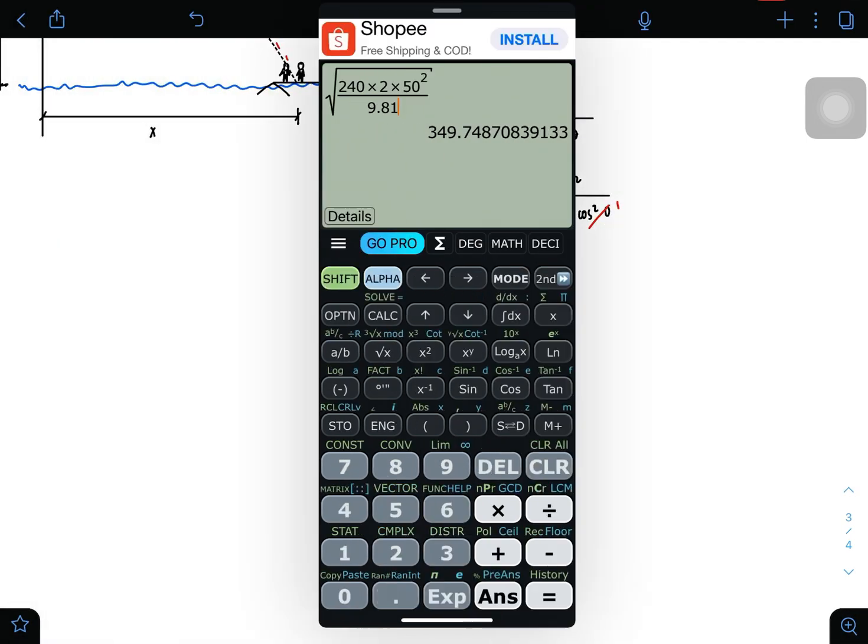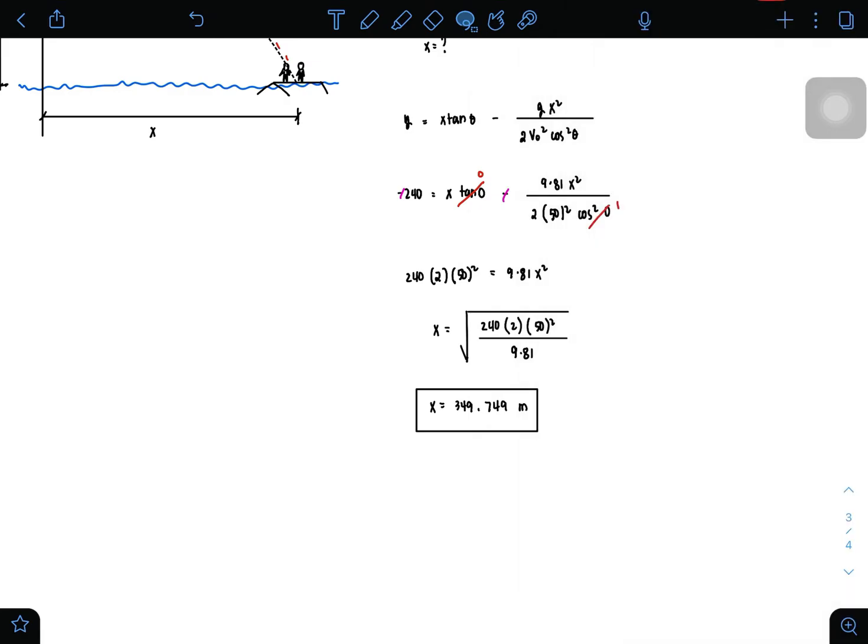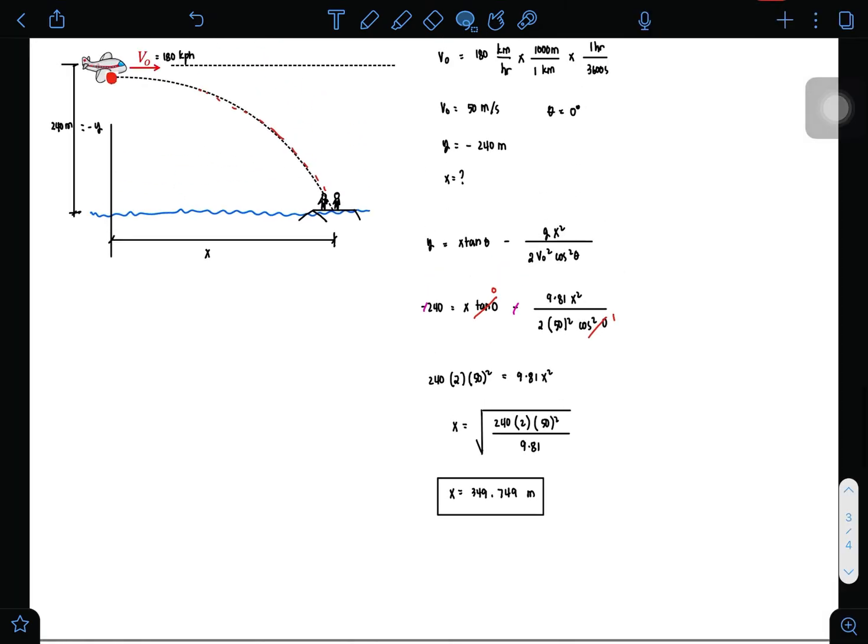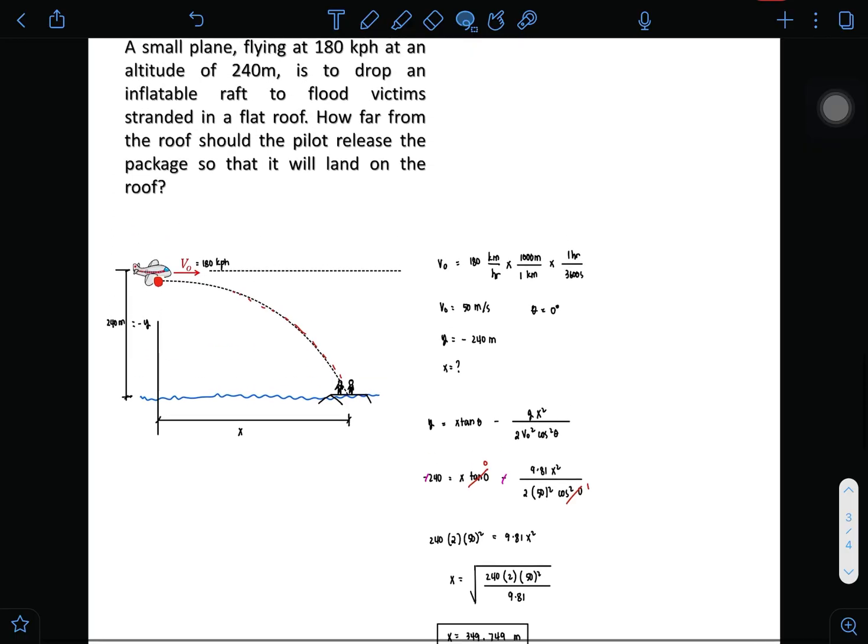So that is our final answer, and this is our example.